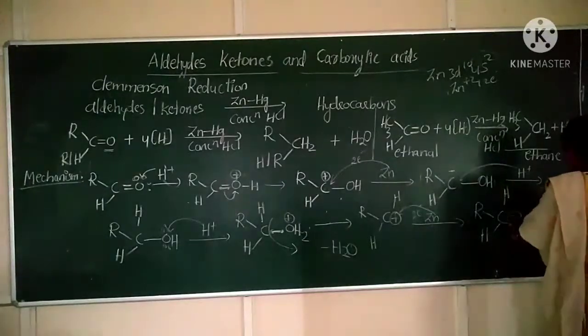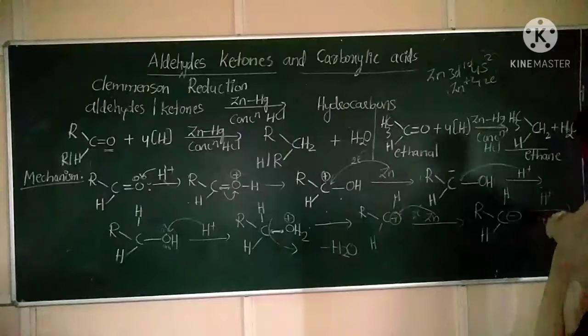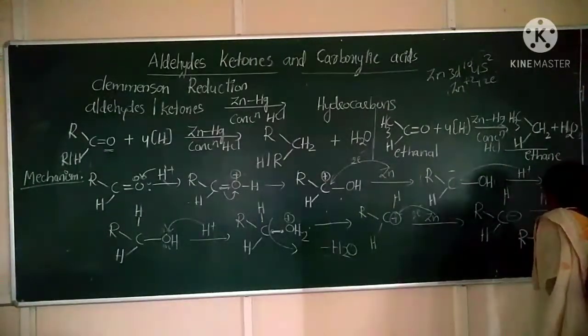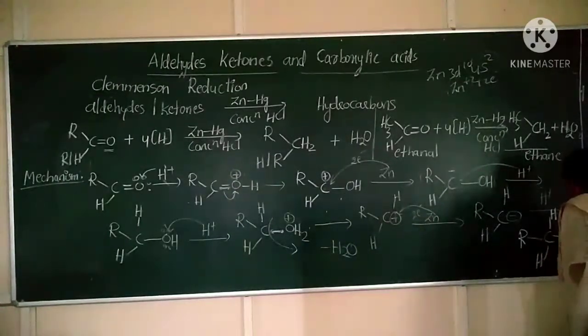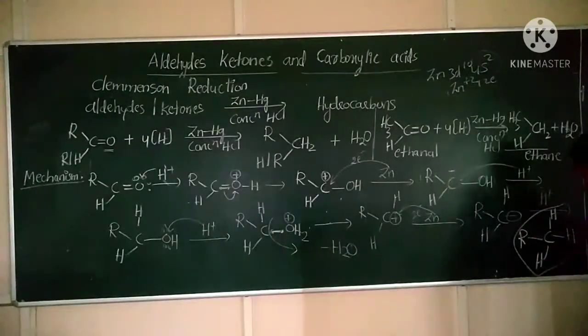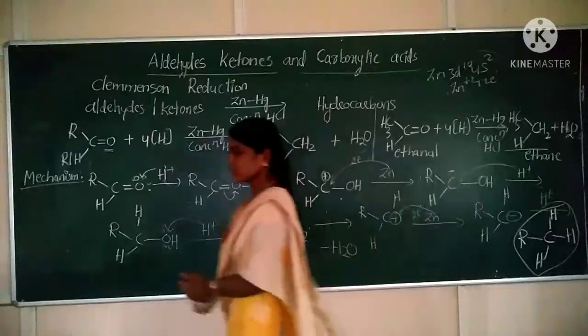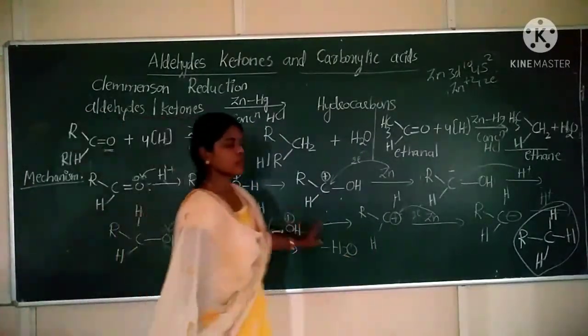Now this carbanion finally takes one more proton, and it forms R C H H. Look at here, this is your hydrocarbon, correct? Hydrocarbon formation. So these are the steps involved in the reaction, or we can call it the mechanism.